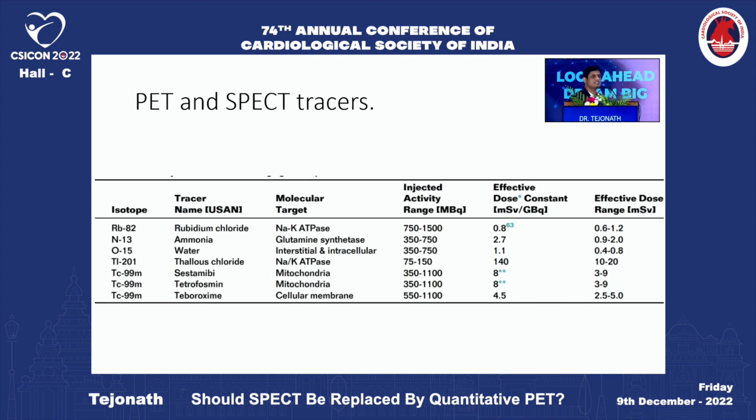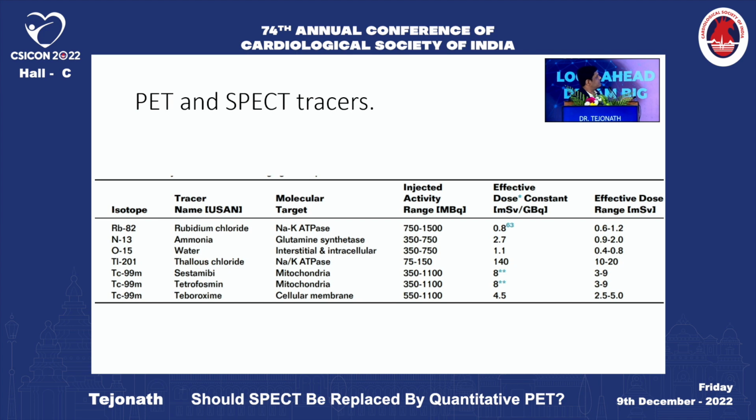What are the tracers available which can actually be used for either SPECT or PET MPI? The technetium-based tracers are all for SPECT, like technetium sestamibi and tetrofosmin, which are most commonly used. Thallium is not very commonly used because of its inadequate gamma energies, increased radiation exposure and logistic issues.